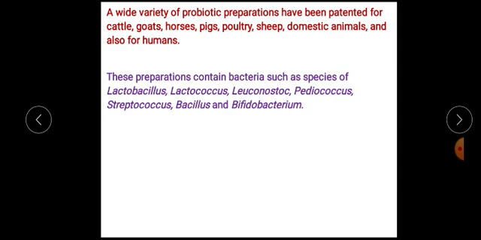So, what are these probiotic microorganisms? These probiotic microorganisms are nothing but lactic acid bacteria: lactobacillus, lactococcus, leuconostoc, pediococcus, streptococcus, bacillus, bifidobacterium. You remember what are the sources of these organisms? Yes, it is dairy product, fermented milk product.